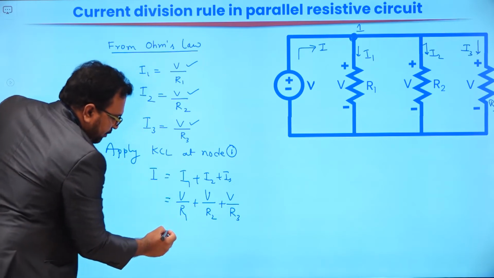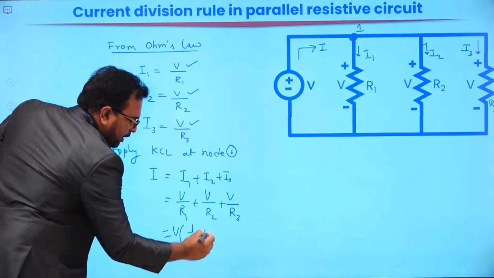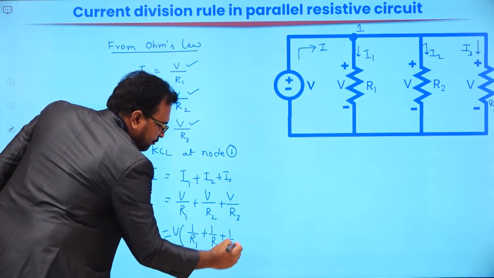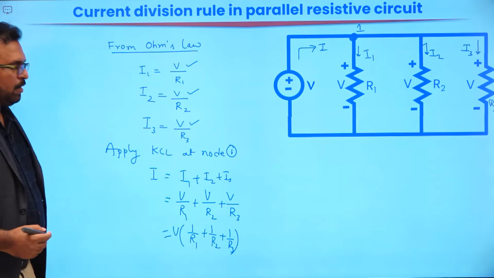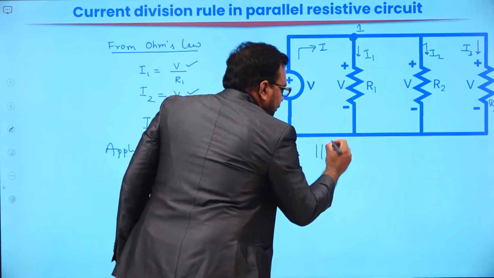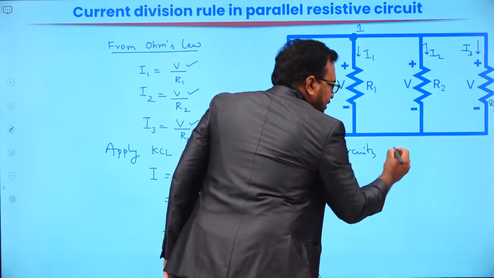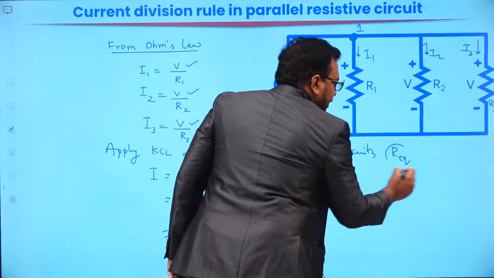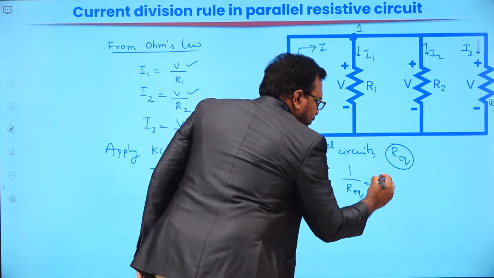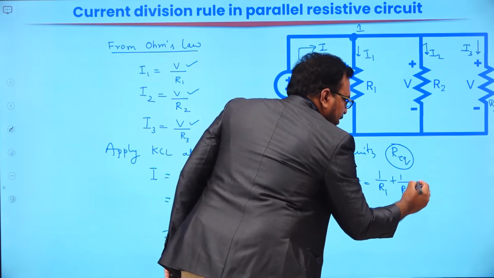In this, V is common, so take V common. Then the expression becomes 1 by R1 plus 1 by R2 plus 1 by R3. In the case of parallel circuits, we already derived that the equivalent resistance can be obtained as 1 by R equivalent equals 1 by R1 plus 1 by R2 plus 1 by R3.